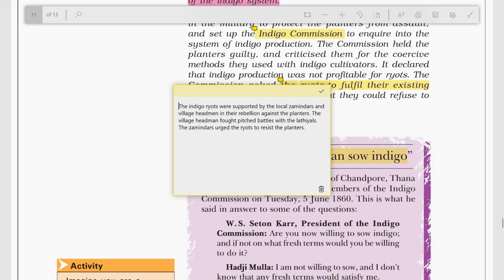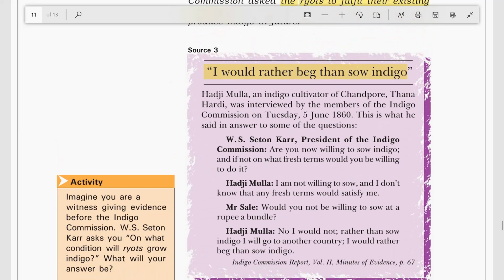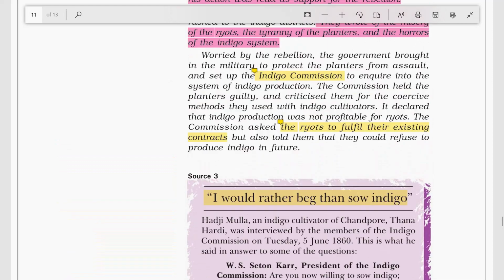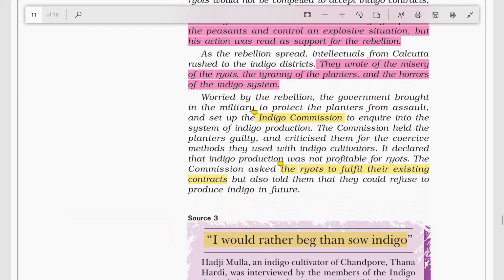The field was no more fertile, and for growing indigo they need fertile land. The village headman was also supporting them, and they were against the lathials, and they supported the farmers.